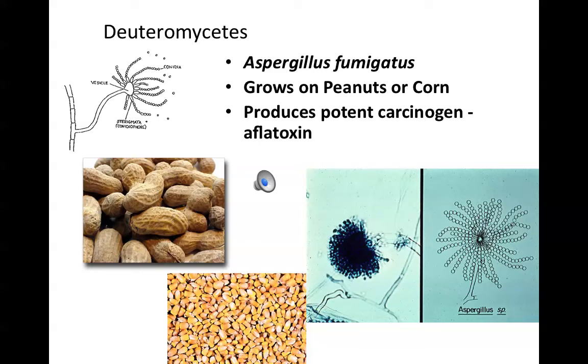So we identify the aflatoxin as a carcinogen, and there are departments within the FDA, the Food and Drug Administration, that constantly monitor our peanut and corn food products for the presence of Aspergillus fumigatus itself and the aflatoxin in the food. We want to protect ourselves from this cancer-causing agent.